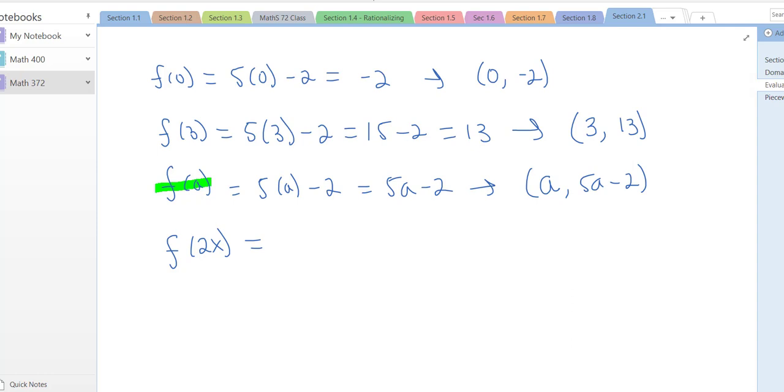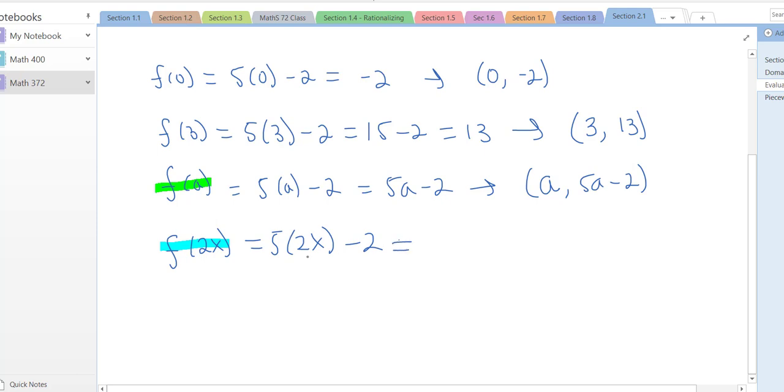Now here we have the input is 2x, but the function says I'm going to take the input, multiply it by 5, and subtract 2. So this becomes 10x minus 2. I took the input, the 2x, multiplied it by 5, and subtracted 2. And they're not like terms here, so that's as far as I can go. So as a coordinate point, this would look like 2x, 10x minus 2.